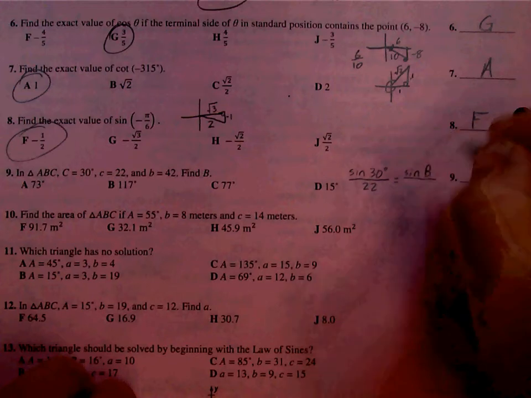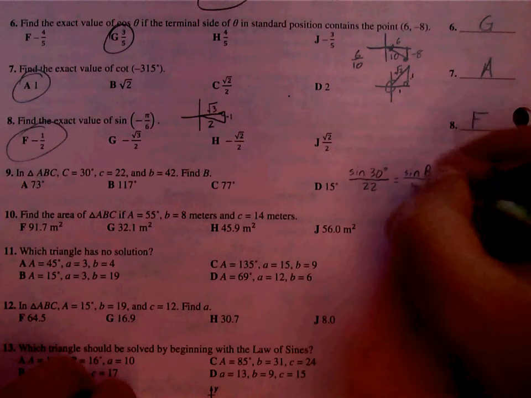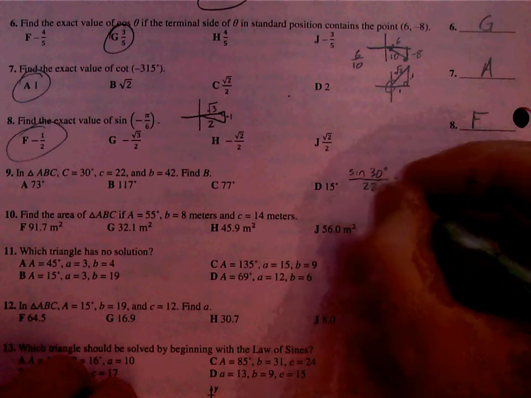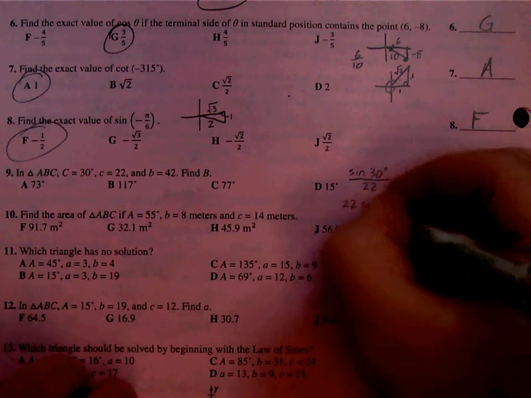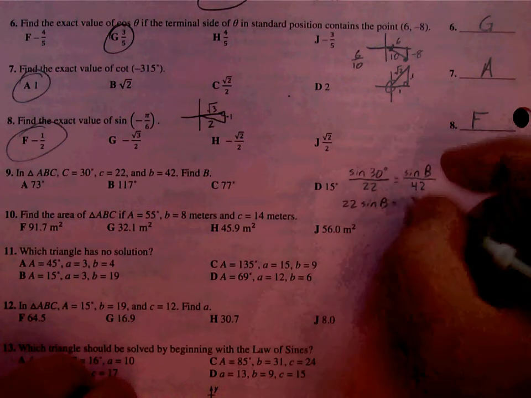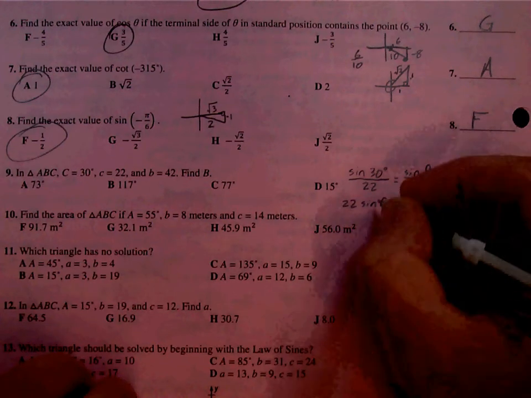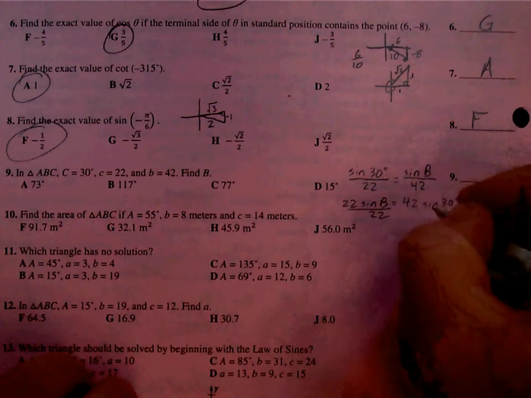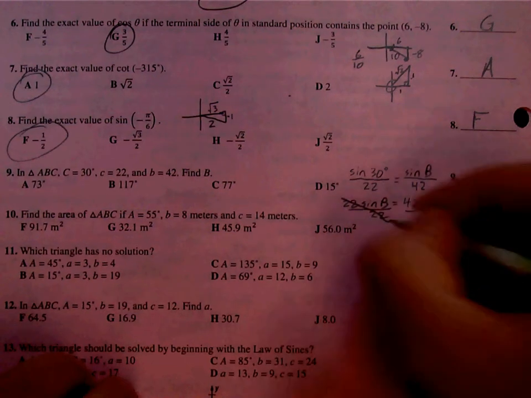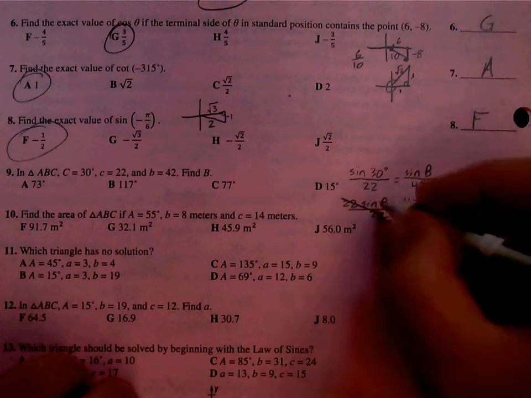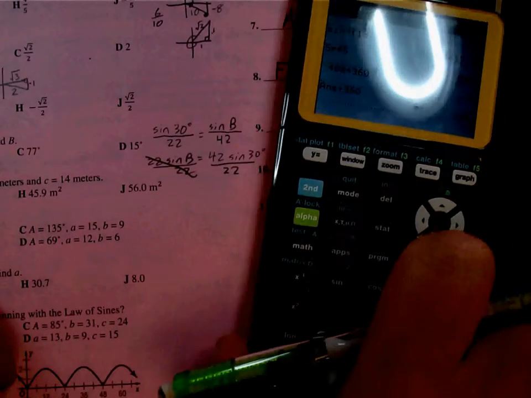So we're looking for angle B over side b. So we're going to cross multiply. Divide by 22. And then I'm going to need to get B by itself, so I'm going to do inverse sine or second sine of that whole fraction.